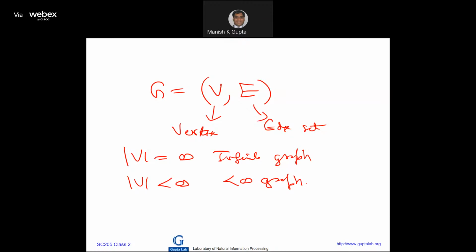Luckily, these things have certain interesting properties: most of the famous people in the world have a very small Erdos number. All these Nobel Prize winners, great scientists, right? They have a very small Erdos number, and since Erdos is no more, certainly your generation cannot have Erdos number 1.